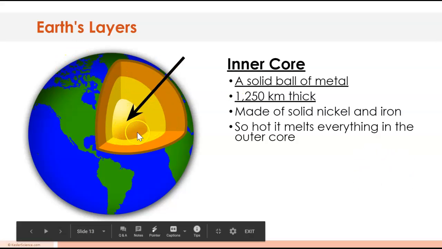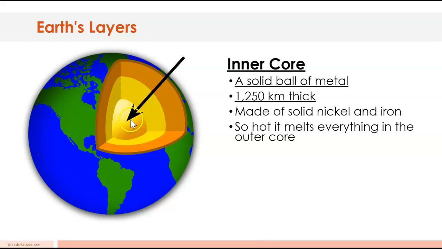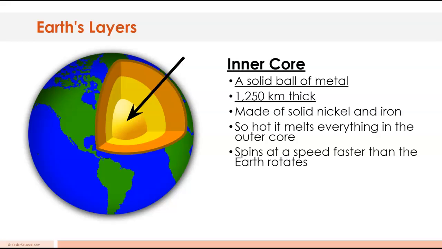So you might be thinking, okay, if this is solid and it's so hot, it's melting all this and making it liquid, then why isn't this liquid? It's because it's in the center of the Earth and it has all the layers of the Earth pushing down upon it, and it's at such high pressure that it keeps it solid. It doesn't allow it to melt and slide around.